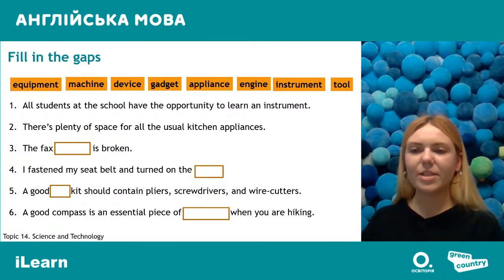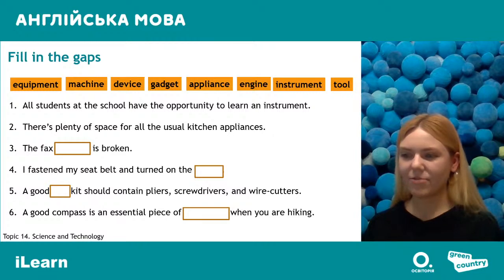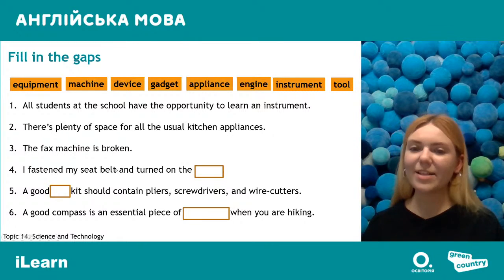And your ideas, what is number 3? I can see many correct answers for number 2. Well done. Waiting for your answers for number 3. And that is machine, the fax machine.